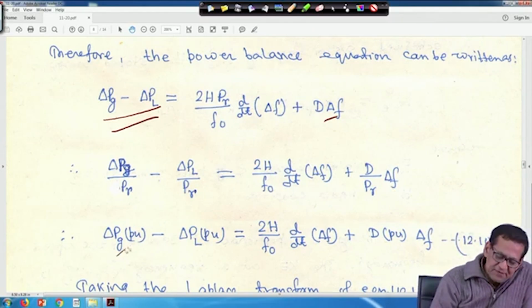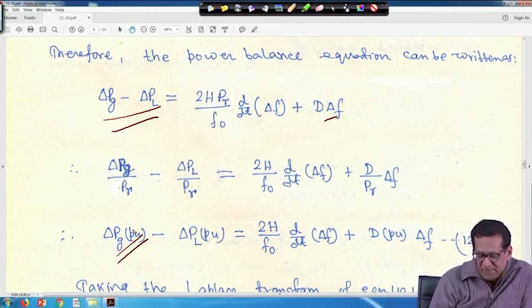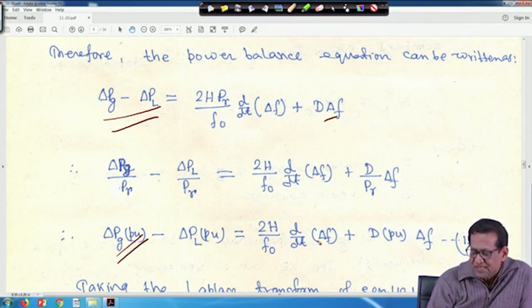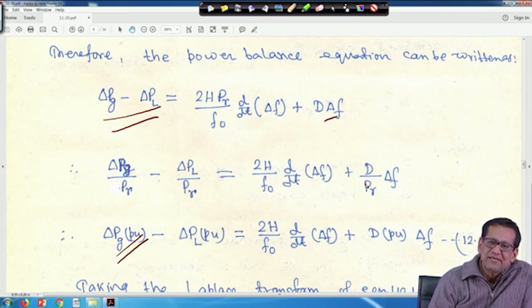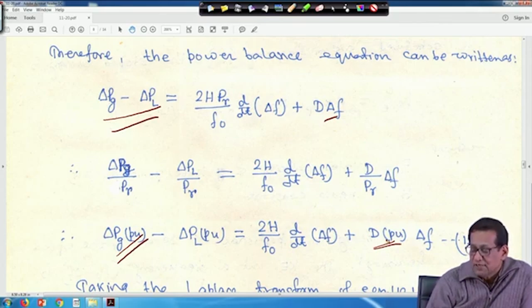That means this becomes delta Pg in per unit, which is why per unit is written in brackets, minus delta PL per unit, equal to 2H upon F0 d dt of delta F, plus D, also in per unit, because it is delta PD upon delta F. So, D is also represented in per unit, into delta F. But this delta F is actually in hertz.